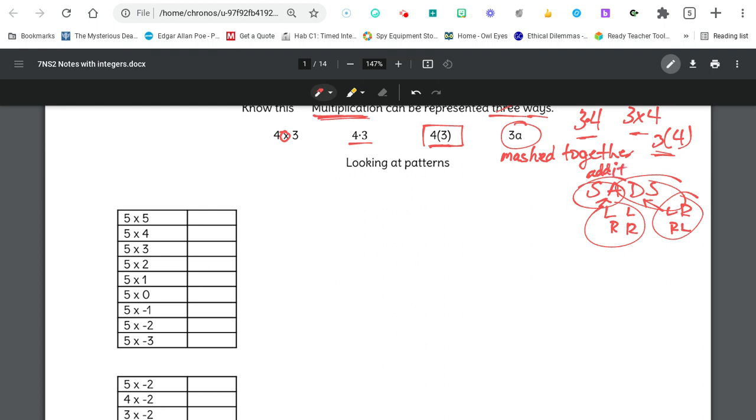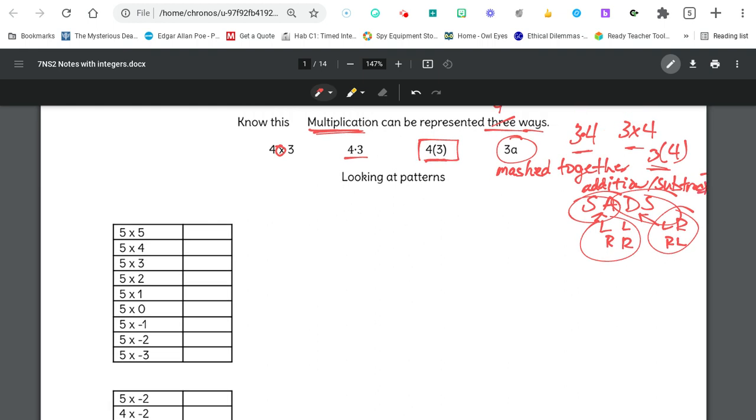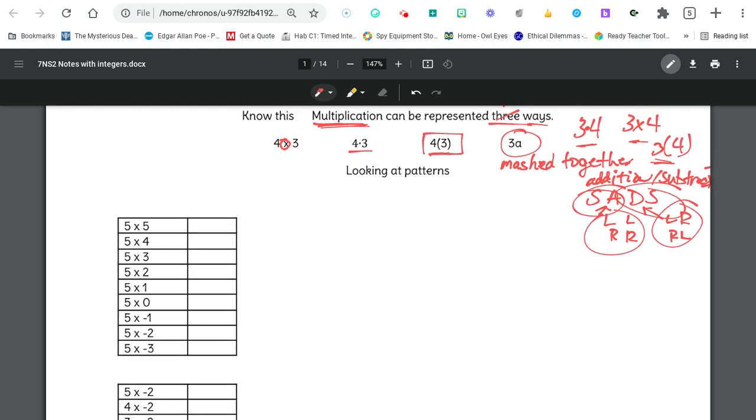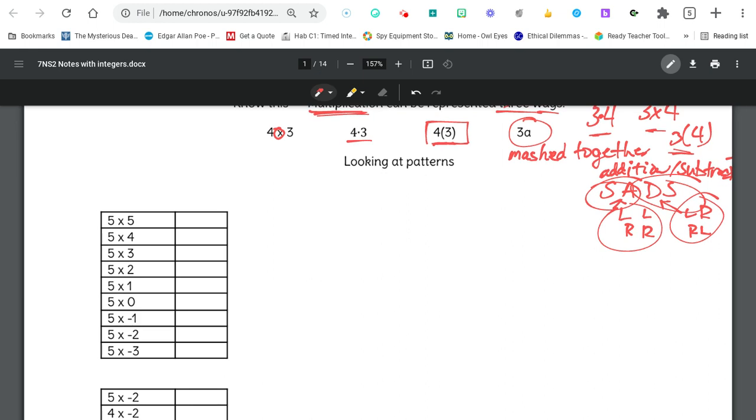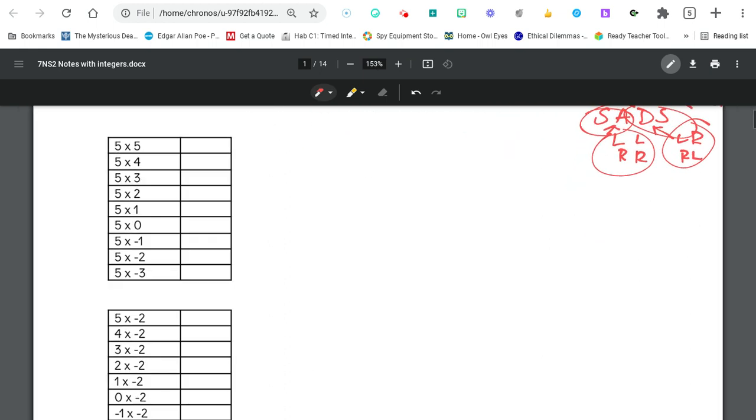For multiplication and division, the rules are very different. So multiplication and division, we will not be using direction. Everybody get it? That's addition and subtraction.